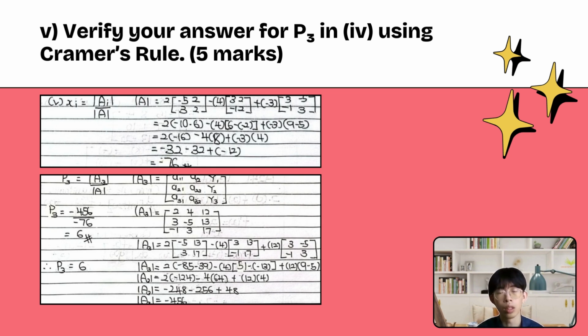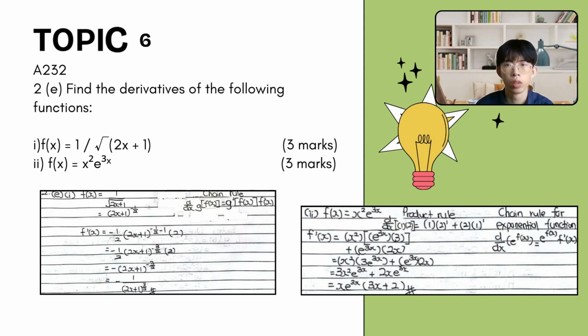After that, we get its determinant, and we should get the value of the determinant of A3, which is minus 456, which is non-singular. Then we use minus 456 divided by minus 76, and we should get the value which is the same as Roman 4, which is 6.